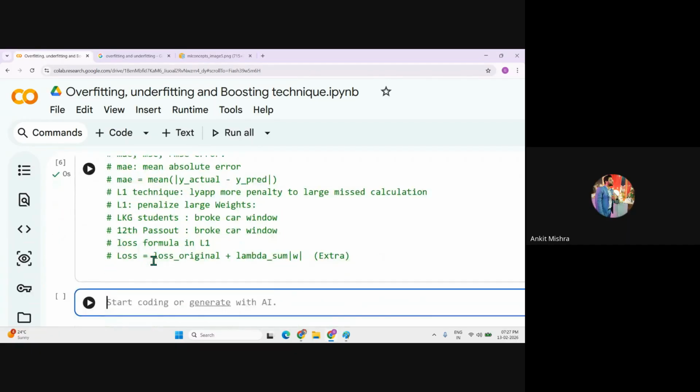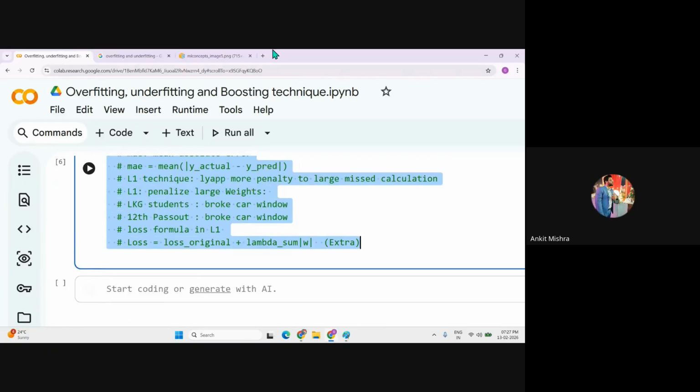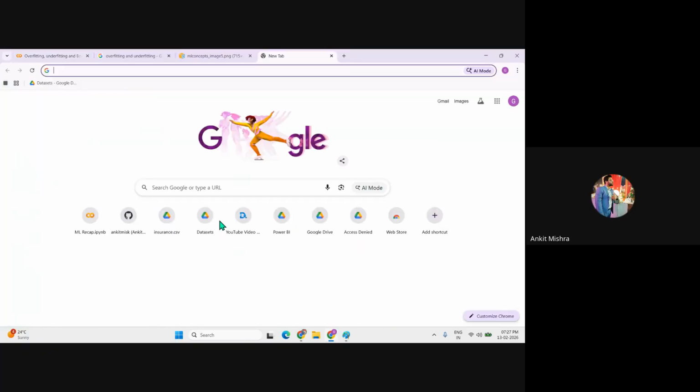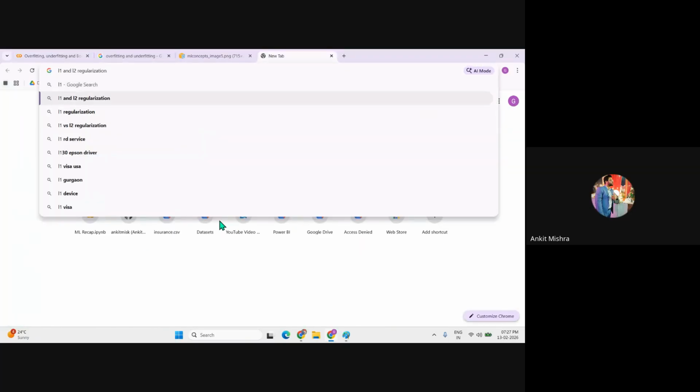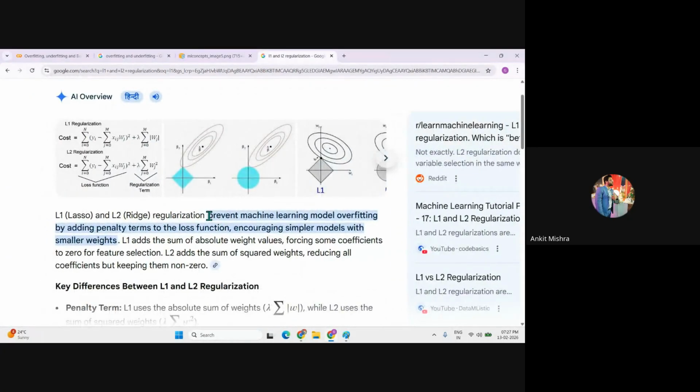Now let's understand another technique, called the L2 technique, right? You can simply go to Google and write L1 and L2 regularization, right? Here is a very short definition that you can refer to: prevent machine learning models from overfitting by adding a penalty term to the loss function.